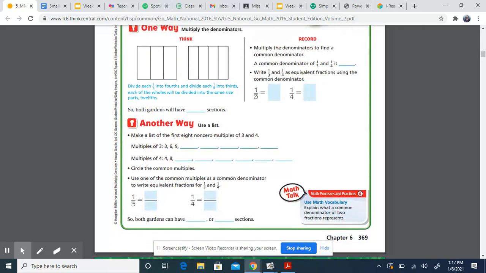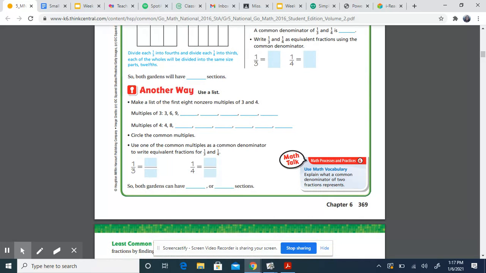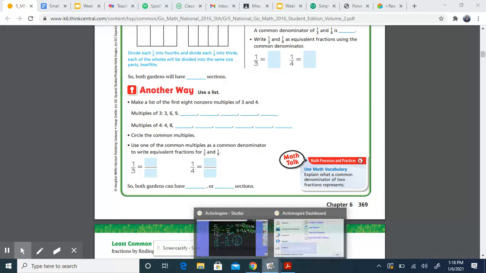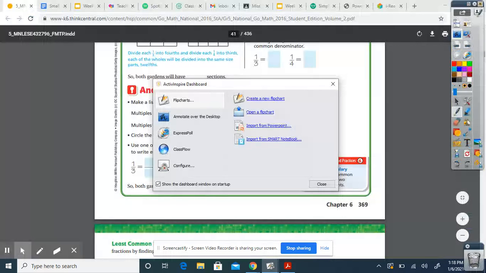So we're going to go down here to another way. It says make a list of the first 8 non-zero multiples of 3 and 4. So all we're going to do is list the multiples of 3 and then list the multiples of 4.